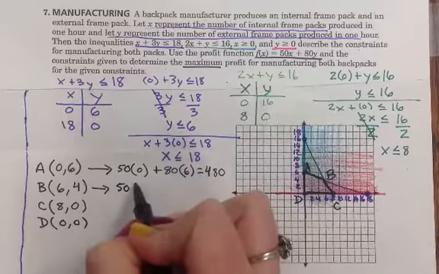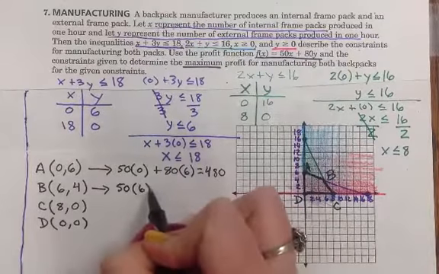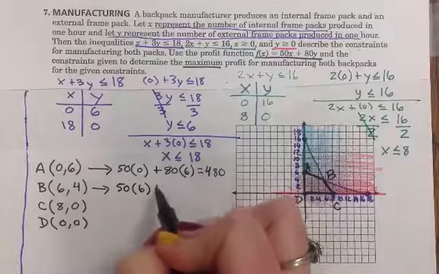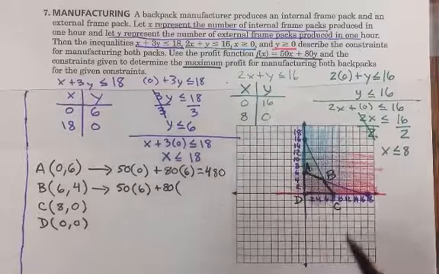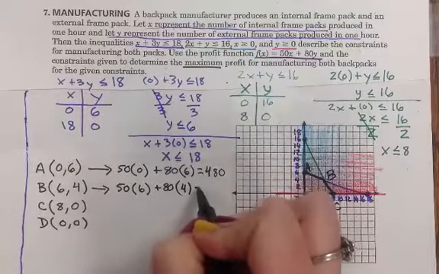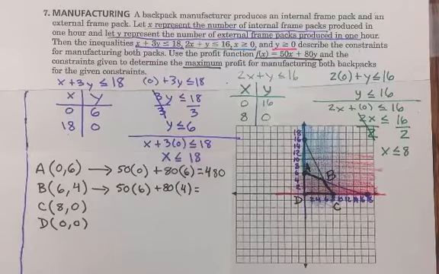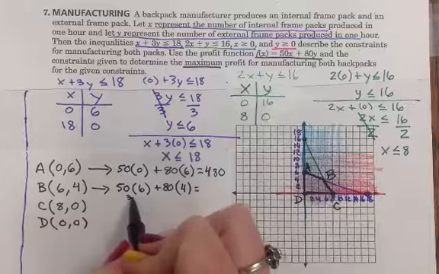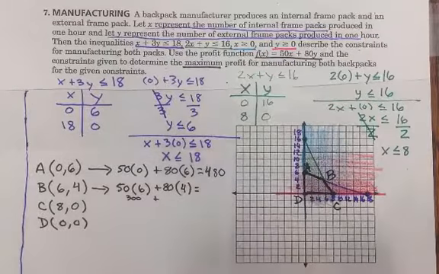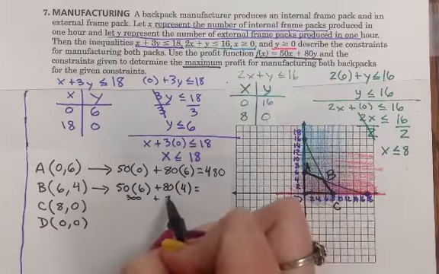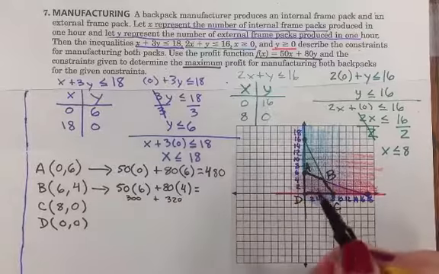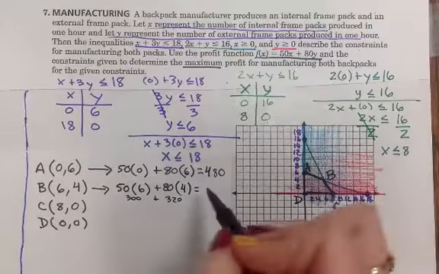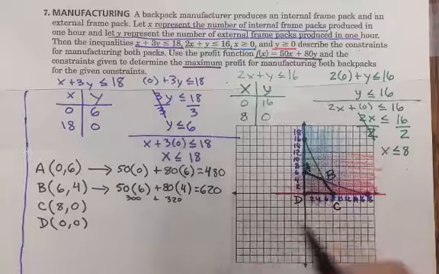What about point B? We have to do 50 multiplied by our x value, which is 6, add 80 multiplied by our y value, which is 4, and so 50 multiplied by 6 gives us 300, and 80 multiplied by 4 gives us 320. So 300 plus 320 gives us 620 total.